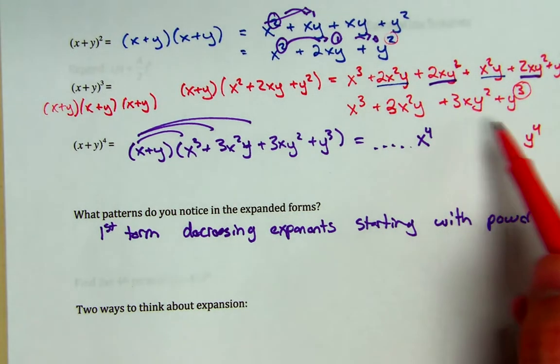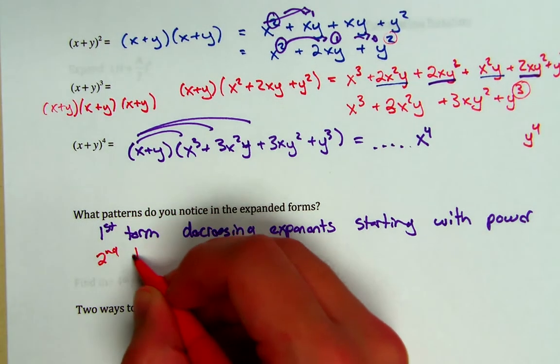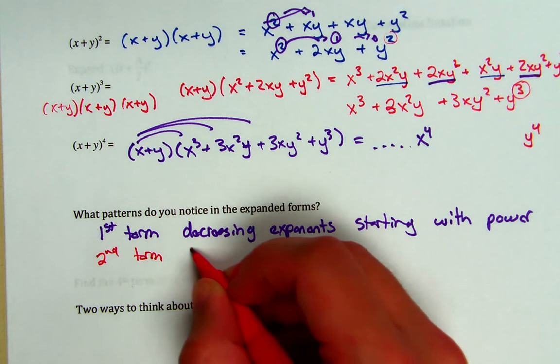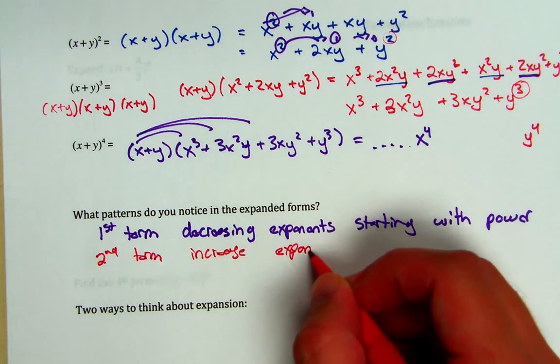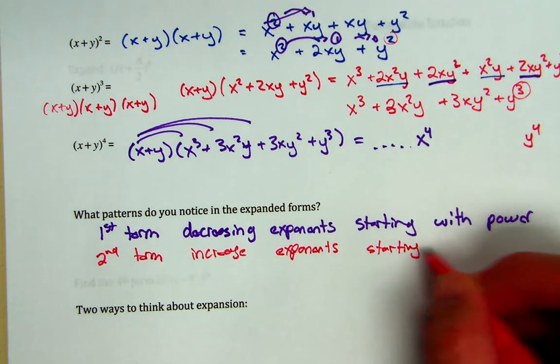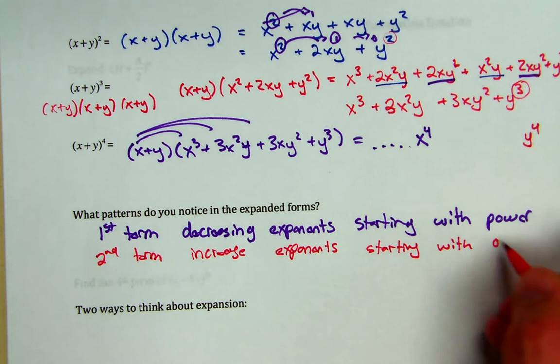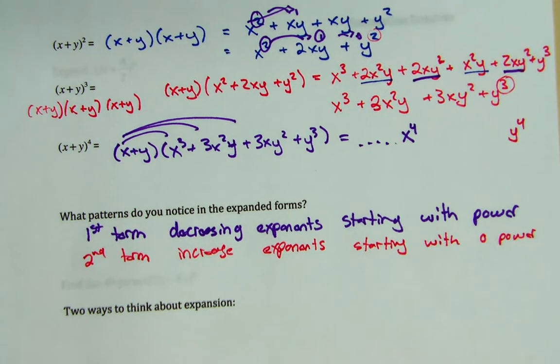Starts with 0, 1, 2, 3. So there's another pattern there. So second term increases exponents starting with 0 power, which really means it doesn't exist.